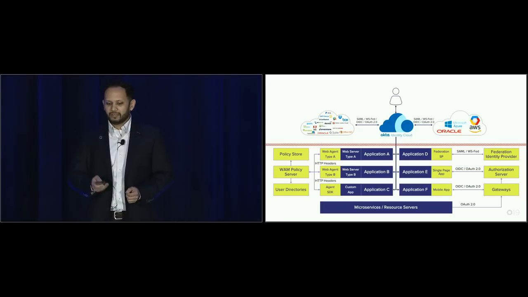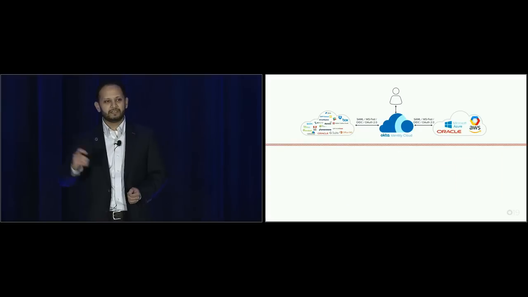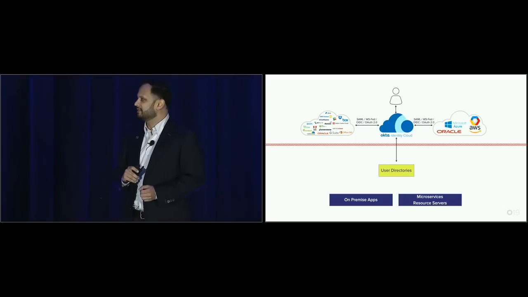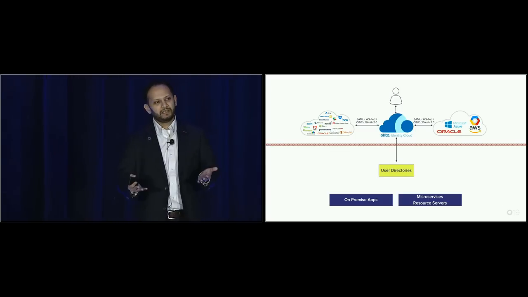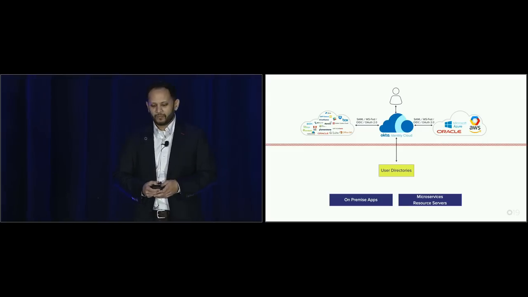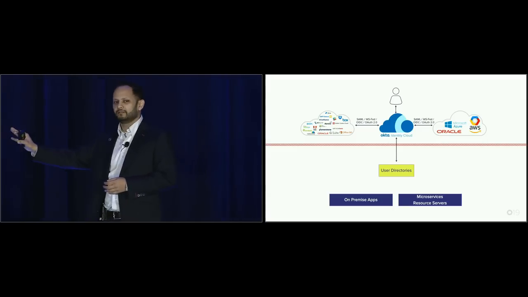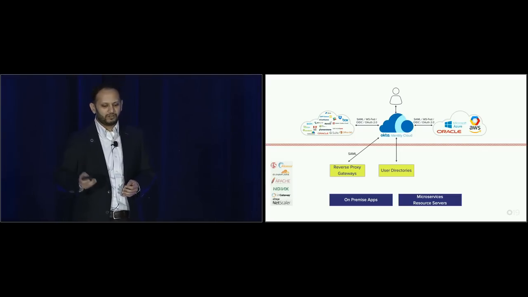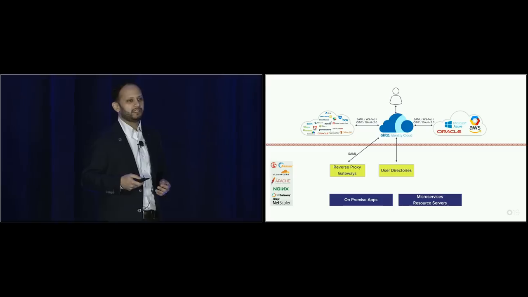Smart folks like you are going to think about, why can't I just dissolve this entire architecture of all the green boxes and bring in a very simplistic view where I still have a user directory to go to on-premise. So Okta has that connectivity solved with AD agents or LDAP agents. And all my on-premise apps want to accept a few ways to authenticate a user. It could be a way to actually pass on HTTP headers.